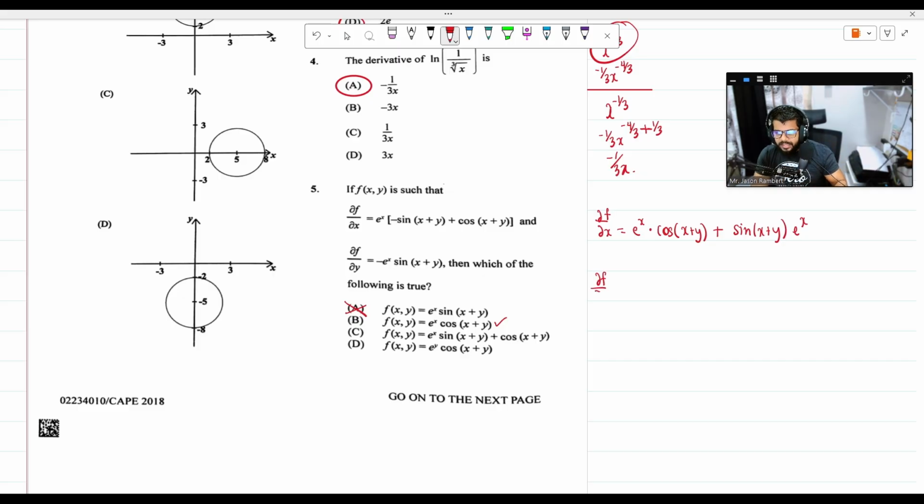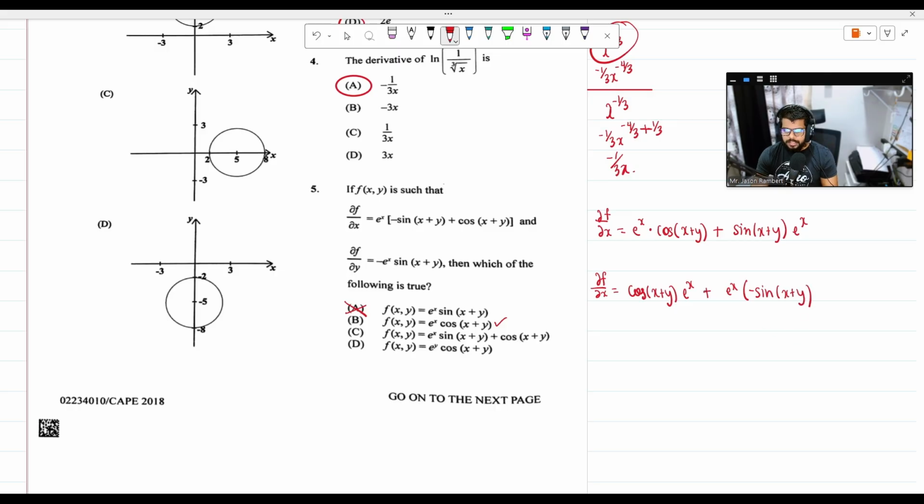So, del f del x is equal to, we're going again, v multiplied by du/dx plus u multiplied by dv/dx, which is minus sine(x plus y).